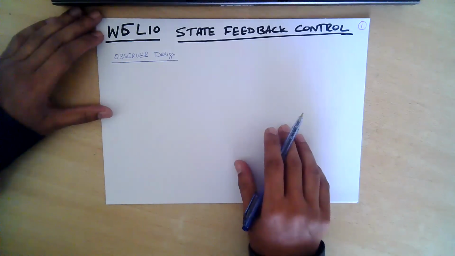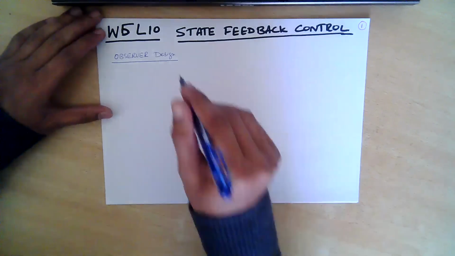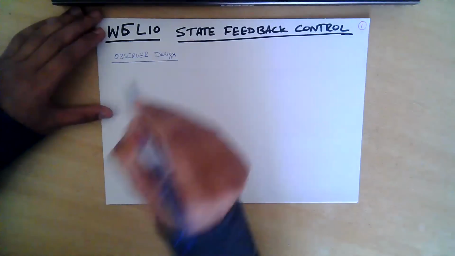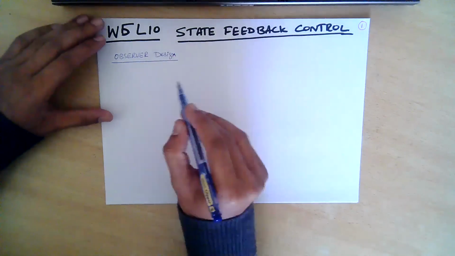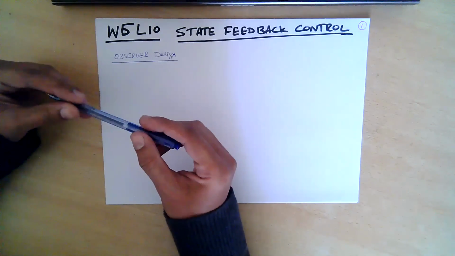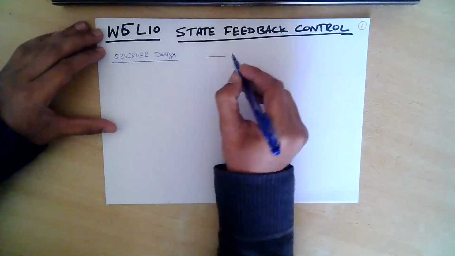And the main advantage is that we can place the poles at any position of our choice if we have unbounded input, and if the system is controllable, we can place the pole at any location of our choice. And we did one example of state feedback control where we calculated the gains.